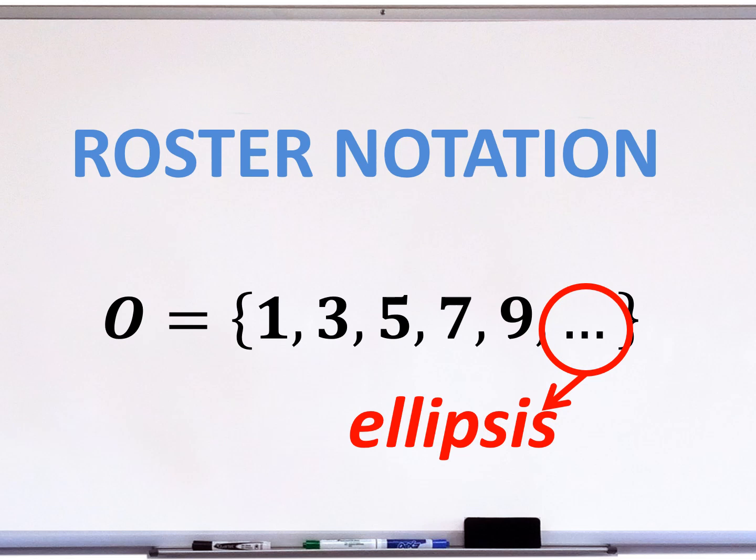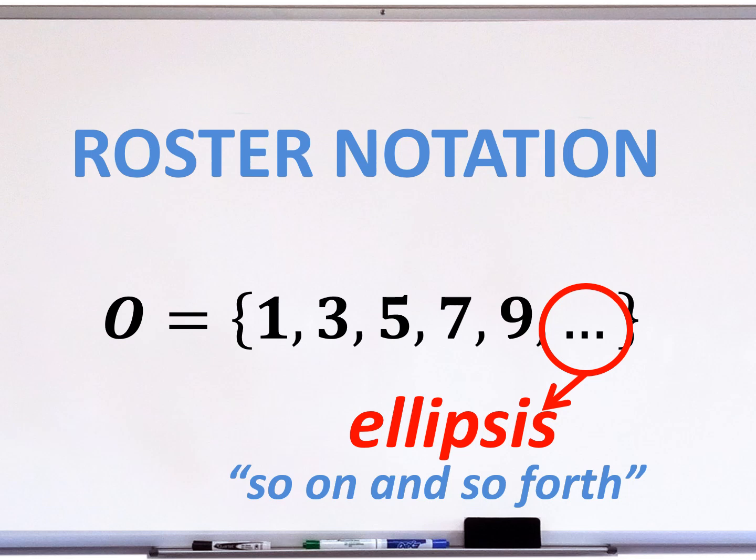These 3 dots represent the ellipsis. It implies that there are many terms after the given number 9, and it can also be read as "so on and so forth." If you stumble upon this symbol and there is no last element in a given set, the set is an infinite set because there are a lot of numbers after the number 9.